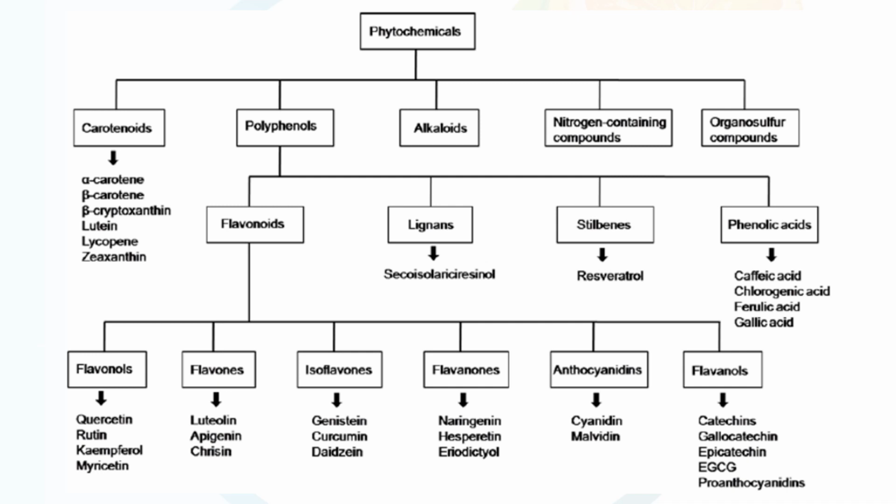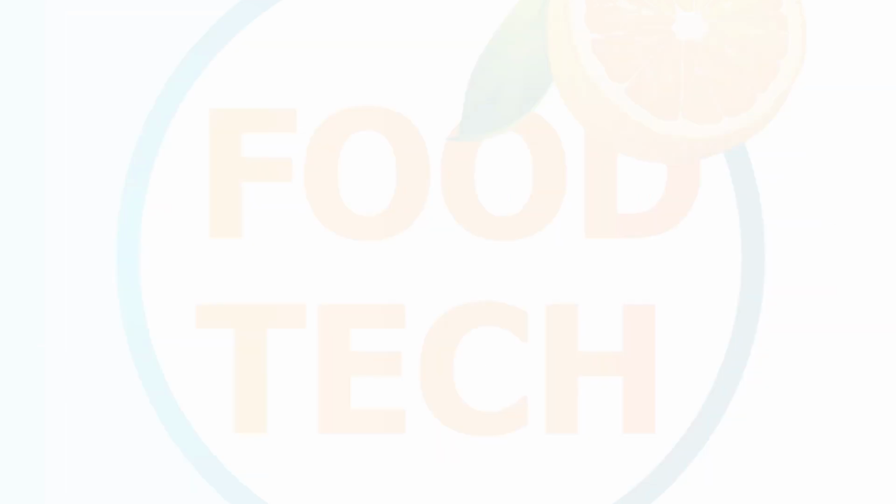The classification of phytochemicals is shown here. You can see beta carotene, and for polyphenols and alkaloids you can see lignans, phenolic acids like caffeic acid, and catechins in flavonols. These are all chemical compounds known as phytochemicals.